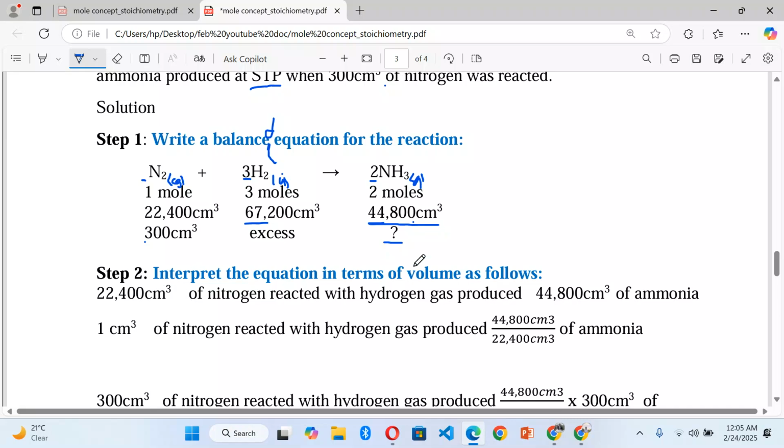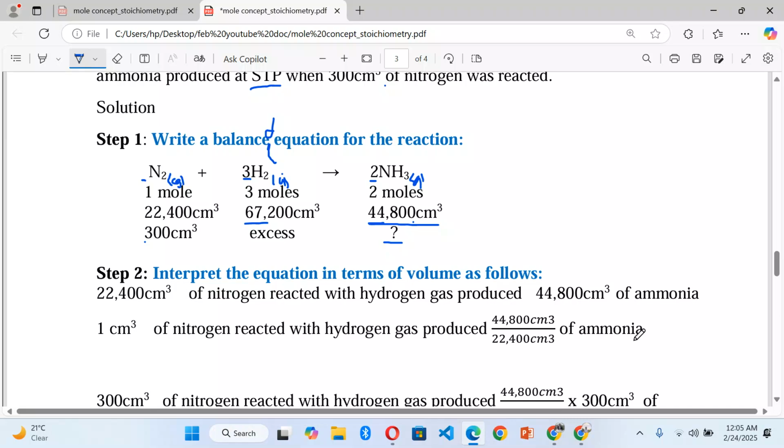If this produced this, what about 1 cubic centimeter? So you can say 1 cubic centimeter of nitrogen reacted with hydrogen gas and produced 44,800 cubic centimeters over 22,400 cubic centimeters of ammonia.